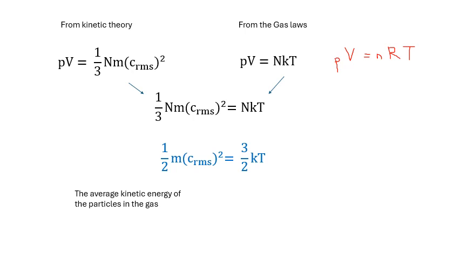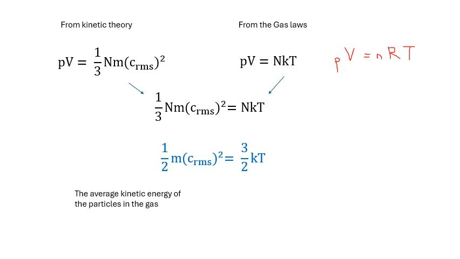So the average kinetic energy of the particles in the gas depends on one thing and one thing only, and that is the temperature of the gas. So we now have a definition of temperature. What exactly do we mean by temperature? Temperature is a measure of the average kinetic energy of the particles.